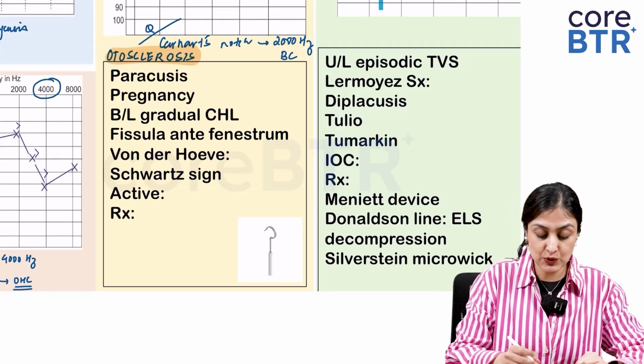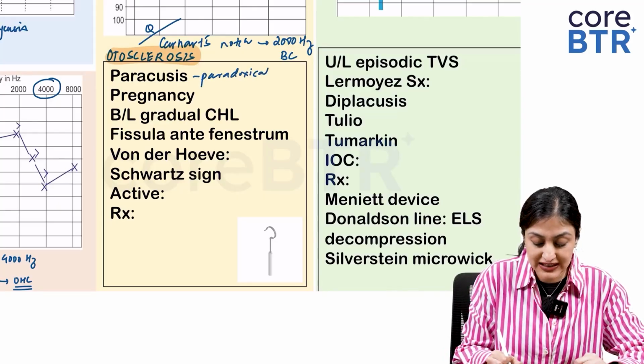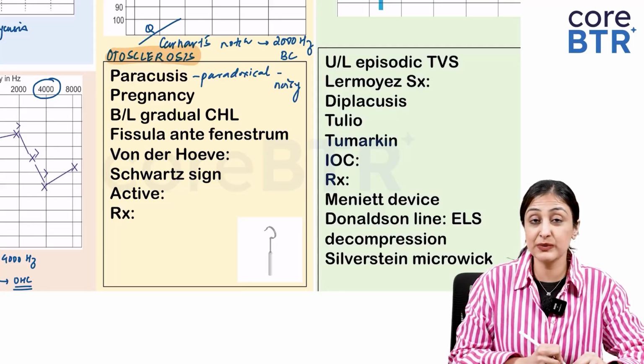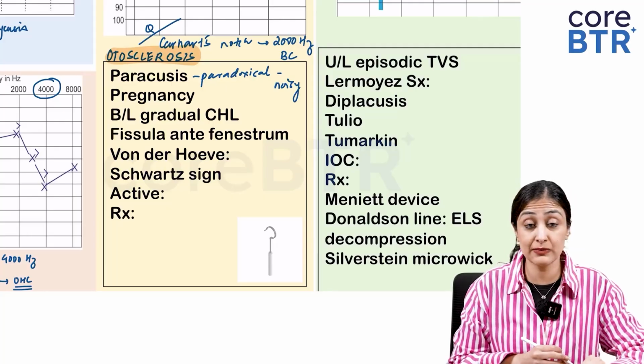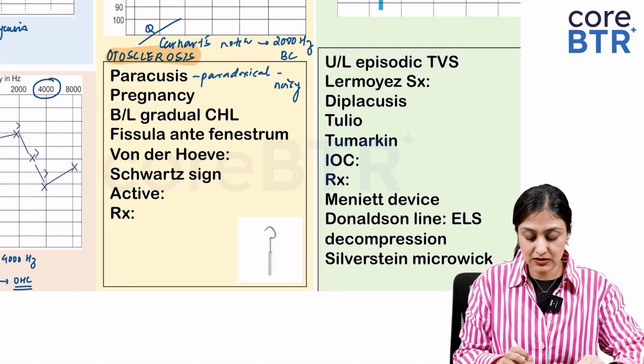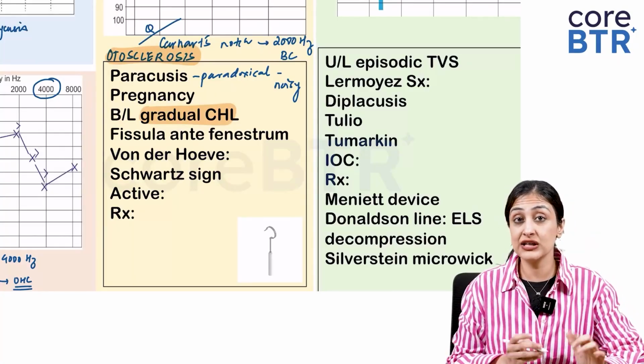Paracusis. What is paracusis? This is where we have a paradoxical hearing. The hearing becomes better in noisy environment. So these are people who hear better in noisy environment. Pregnancy aggravates this. We are going to have bilateral gradual conductive hearing loss. What is happening essentially?